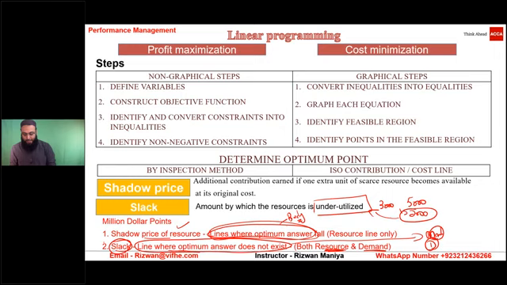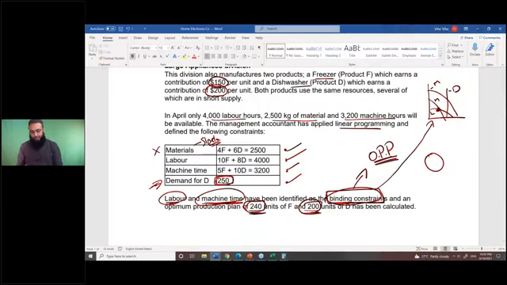Now you will be thinking, how did I know this? The only indication I had here was that the question said labor and machine have been identified as the binding constraint, which means the optimum answer is at these two only, and the other two lines are ones where the optimum answer is not, so there will be slack.